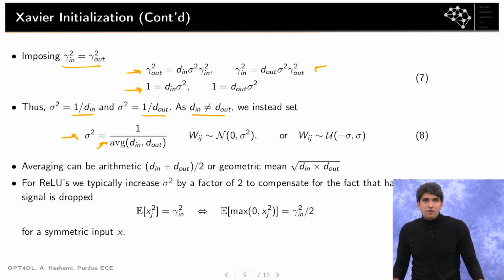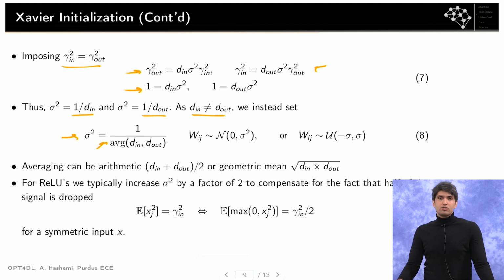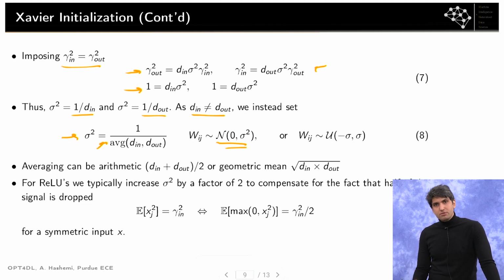Now we have to decide which distribution to use to sample these random weights. Typically, we either use the Gaussian distribution, zero mean with this specific variance, or a uniform distribution, which is symmetric around 0, again with the variance proportional to sigma square.